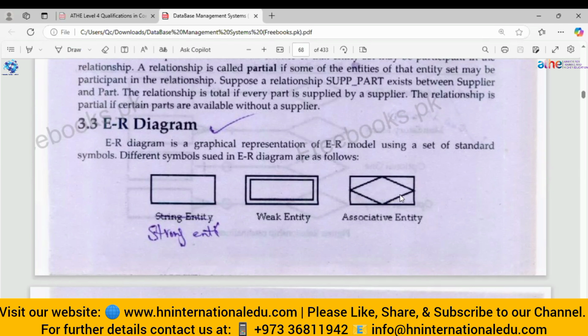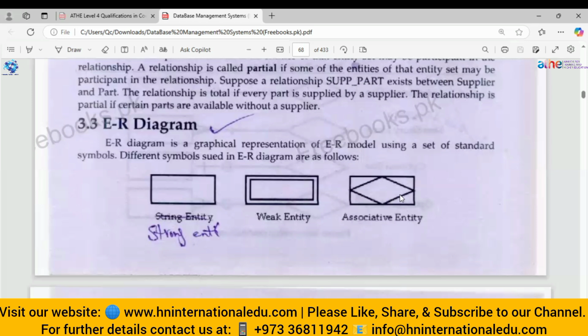With an easier example, let's suppose we have two entities, order entity and customer entity. The order entity exists only if the customer orders something. If the customer places the order, then there will be the order entity. If the customer doesn't place the order, there is no existence of the order entity.